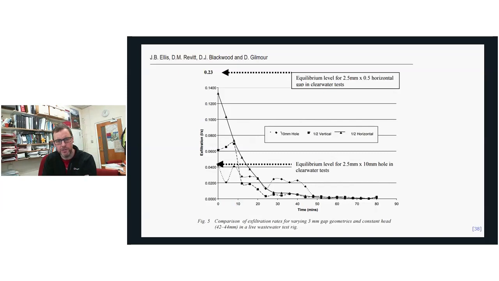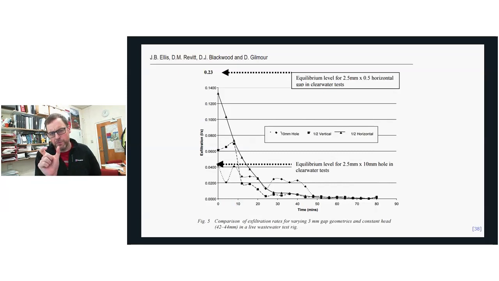Now this is even more interesting, I think, because, let's not get hung up in the detail, and again this should be on Vision, we're looking at small holes in the pipe with actual live sewage, and we're looking at the rate at which the water is flowing through that. So it's different shapes of holes.